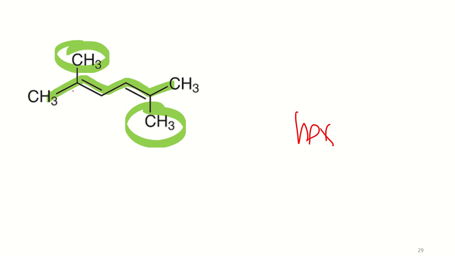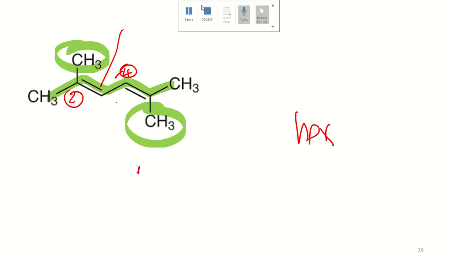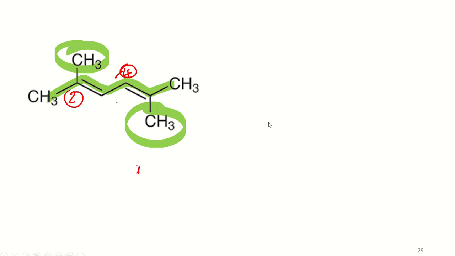Okay, my double bonds are on number 2 and number 4, and it doesn't matter what direction I go in, they are on number 2 and number 4. So we have a hex, we have 2 double bonds, so we are going to go diene. We have them on 2 and 4.